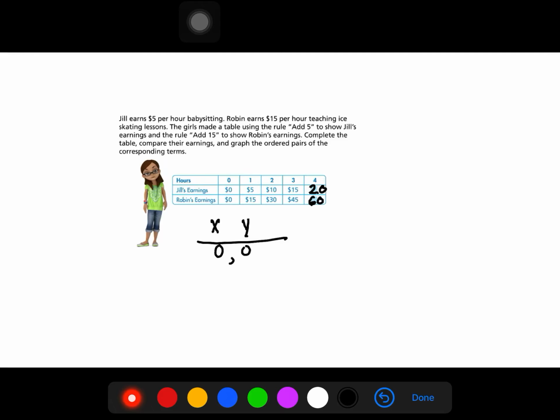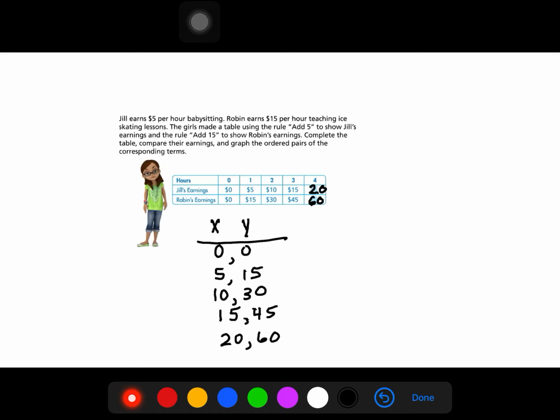What do we call that point again? Yep, origin. Then 5 and 15, and 10 and 30, 15 and 45, 20 and 60.